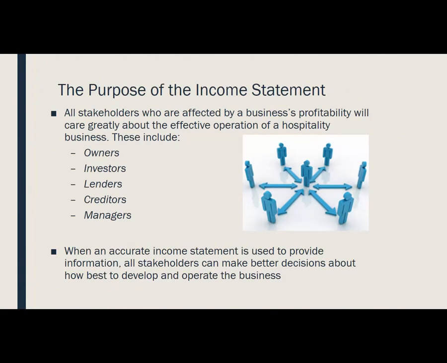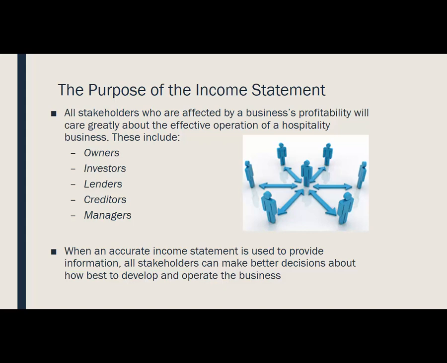Now, all stakeholders who are affected by a business's profitability will care greatly about the effective operation of a hospitality business. So owners want to know how the company is doing, if it's healthy, if they're making the owners money. Investors want to know whether or not this is a company they should invest in, so they want to buy shares of that business or not.